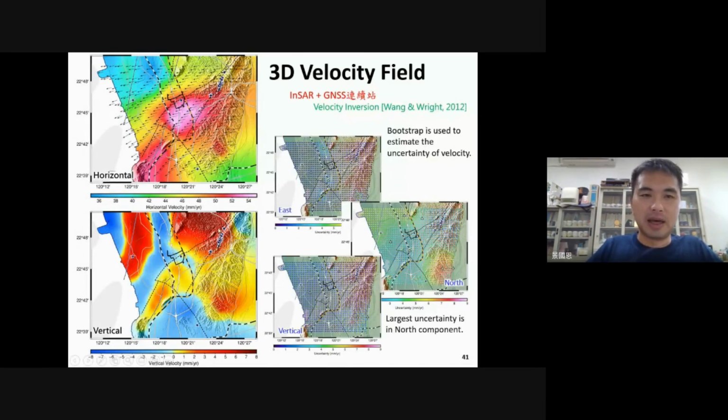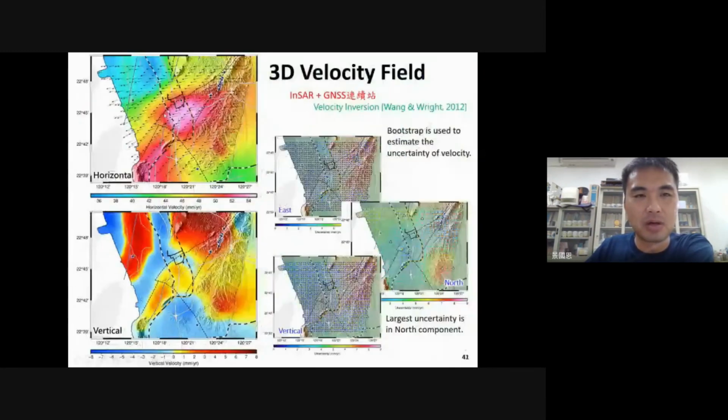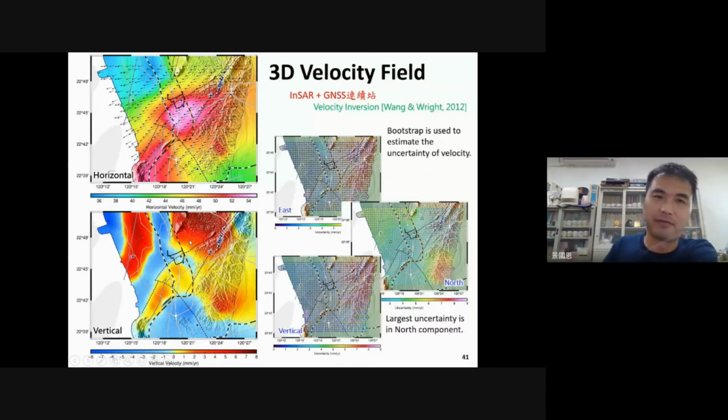Okay, so that is what we learn from InSAR. Based on this result, we could try to understand which segment of fault is creeping and which segment of fault has potential to generate the earthquake.